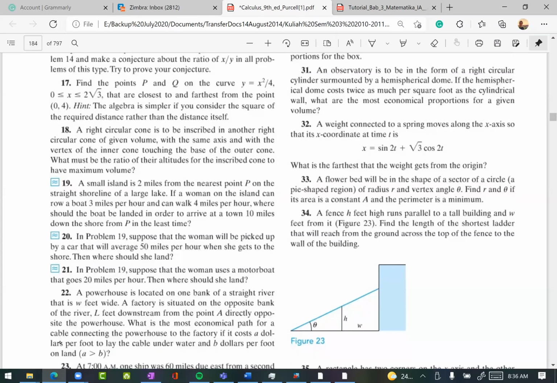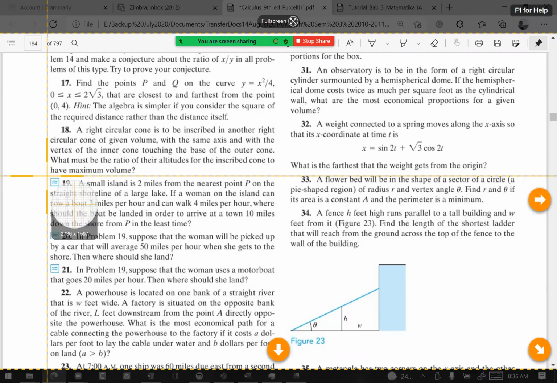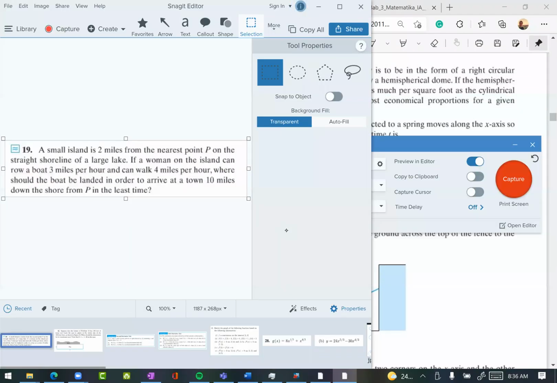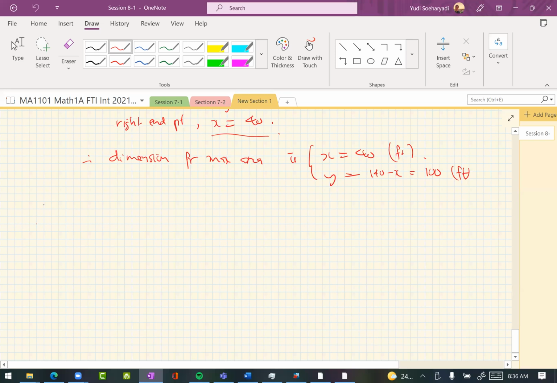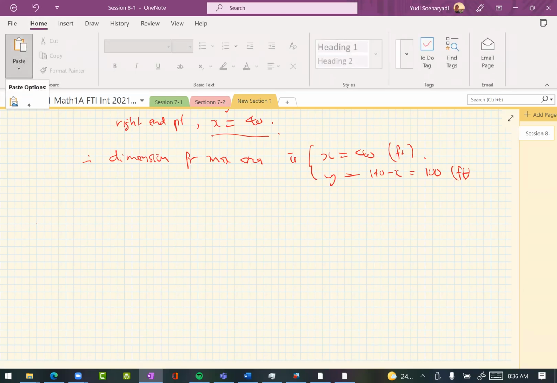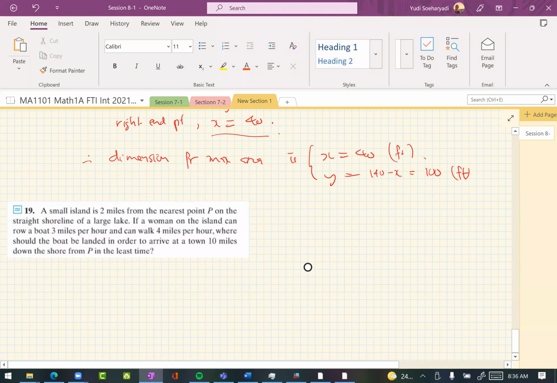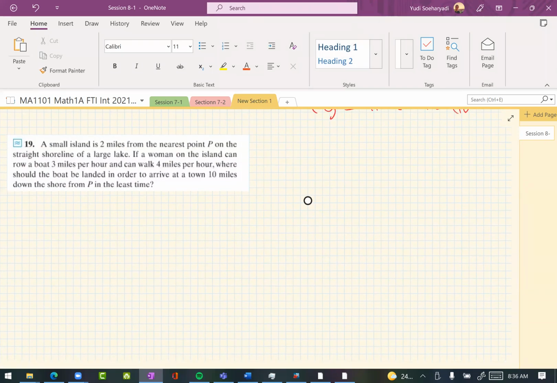All right, so this one, problem 19. Okay, here's the situation. A small island is 2 miles from the nearest point P on the straight shoreline of a large lake.